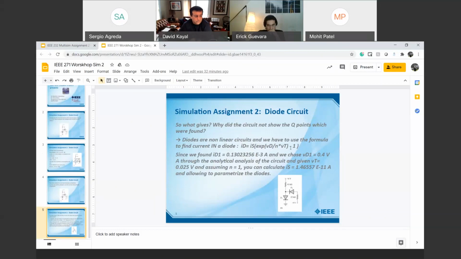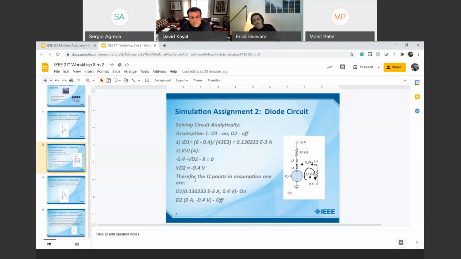And that entire exponential is subtracted by 1, close parentheses, and that's multiplied by the saturation current. Saturation current is something that industry decides, how you want your diode to behave. So we'll continue to expand that, and we already chose that we want this voltage drop to be 0.4 and the current going through this diode to be 0.13 milliamps.